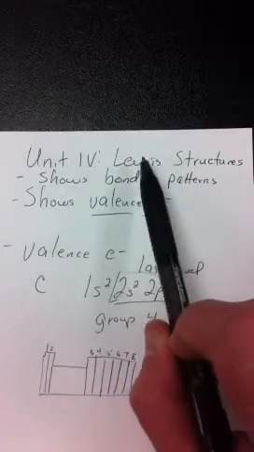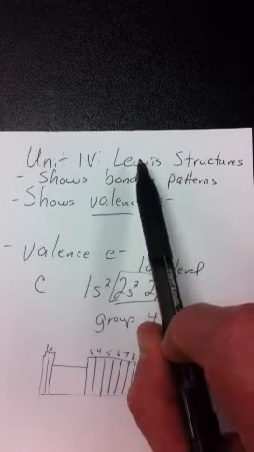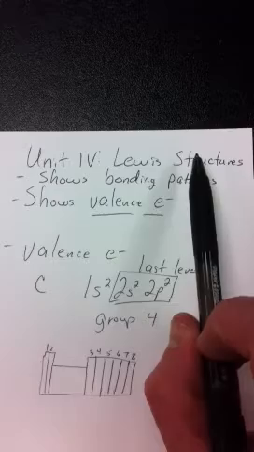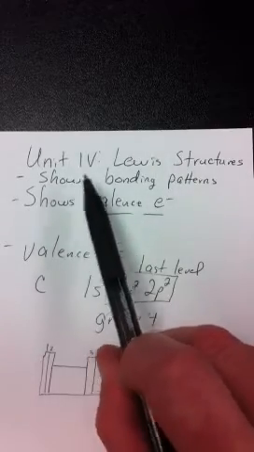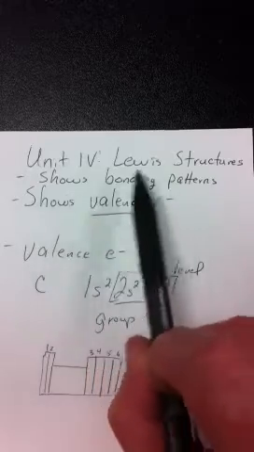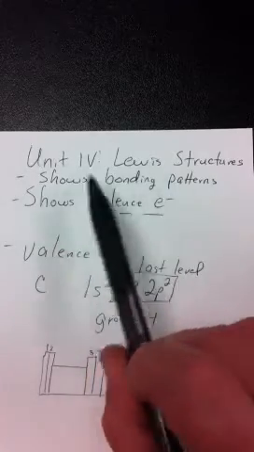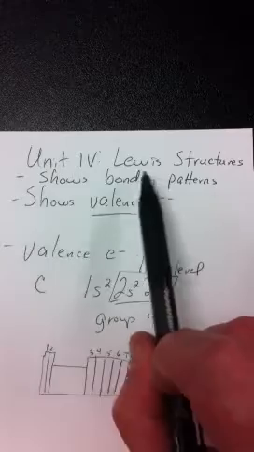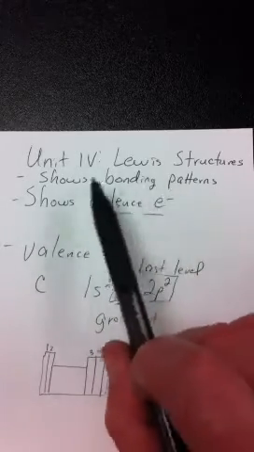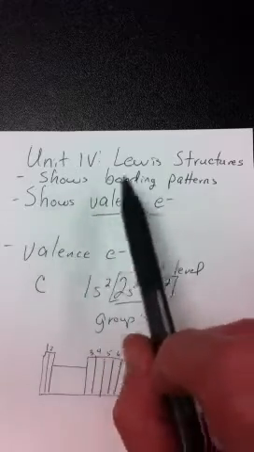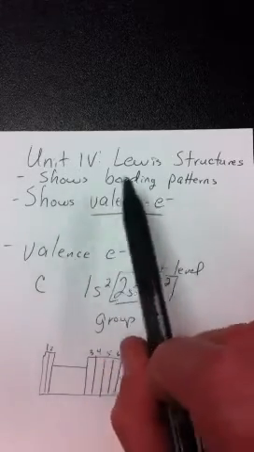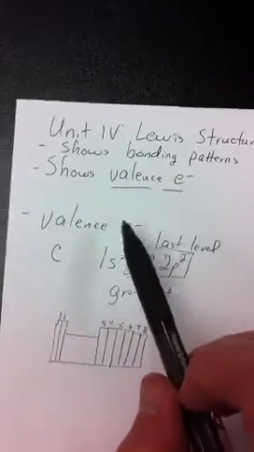It's called Lewis structure because some guy named Lewis invented this method of drawing the structures, and the diagrams show bonding patterns and where valence electrons are in molecules. It can be an elemental molecule or a compound molecule, but it shows where the bonding is, how many bonds there are, and where all the valence electrons are.